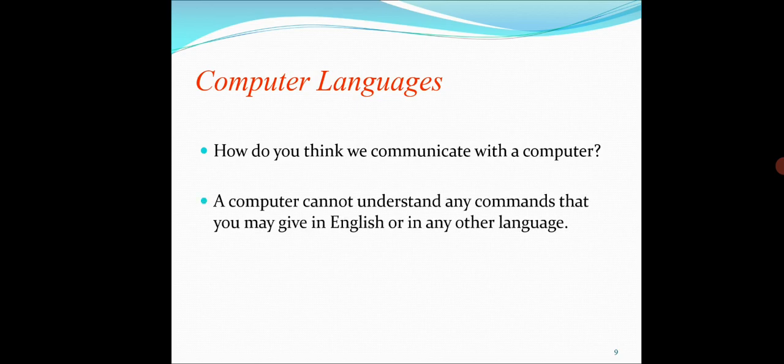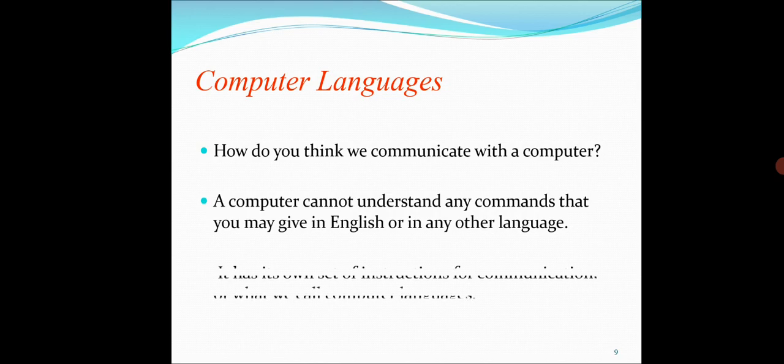Computer cannot understand any commands that you give in English or any other language. If you give any instruction to the computer, it cannot understand. It has its own set of instructions for communication, which we call computer languages.